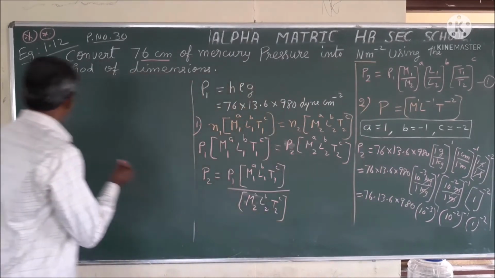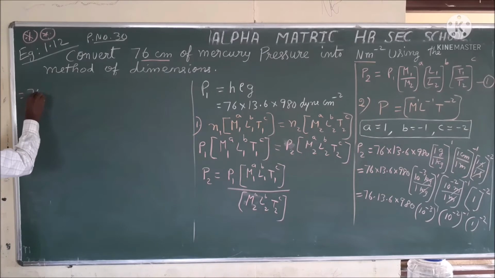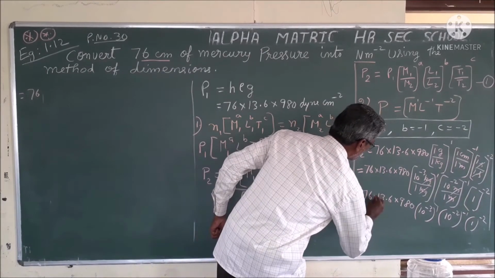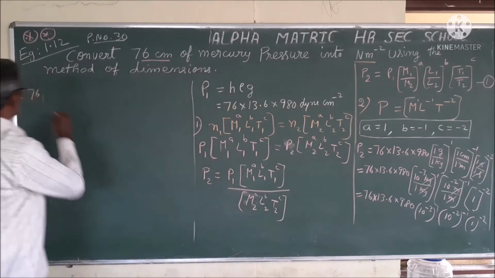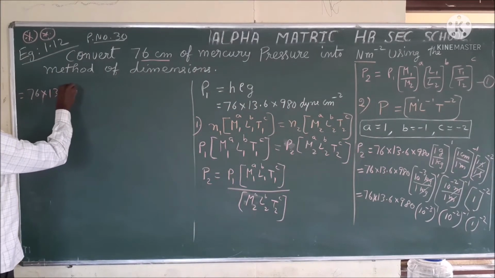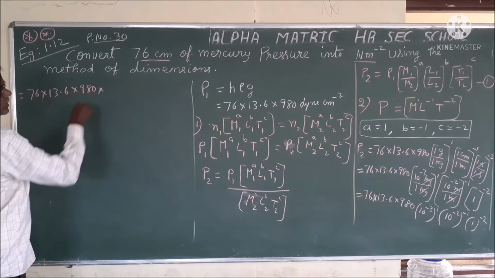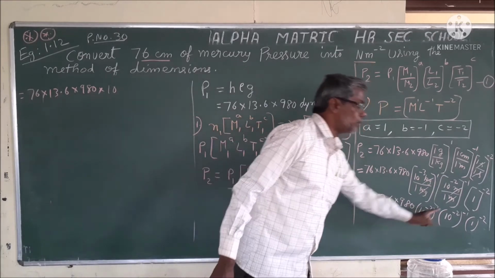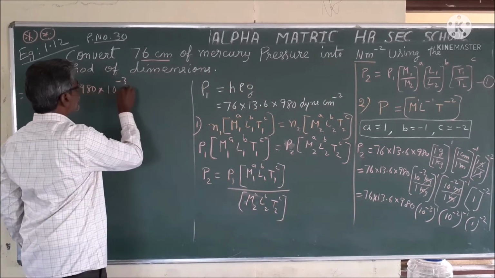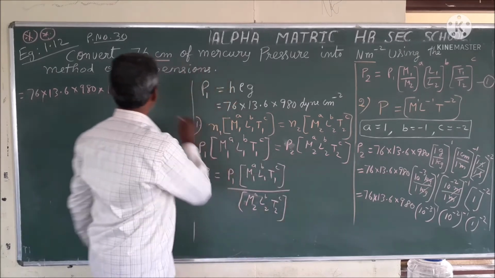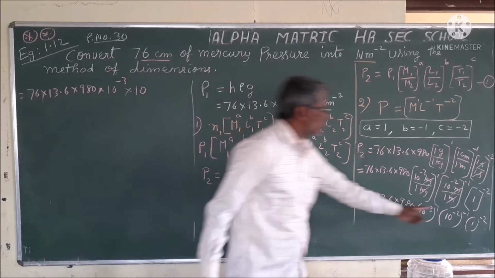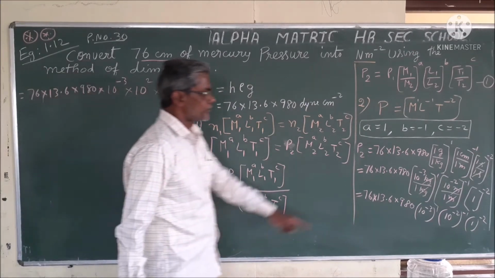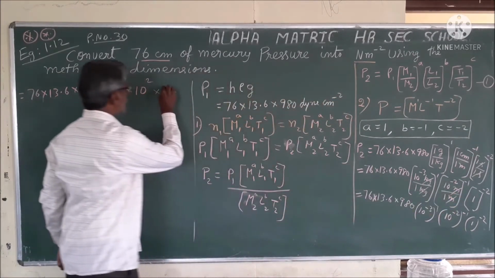Now 76 into 13.6 into 980 into 10 power -3 into 10 power -2 into -1, which is plus 2, and 1 power anything is 1.